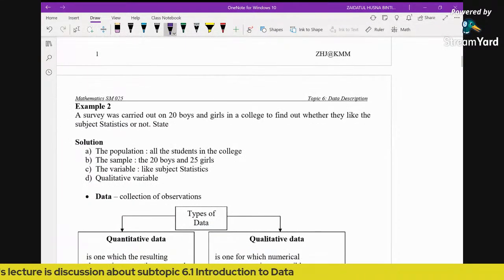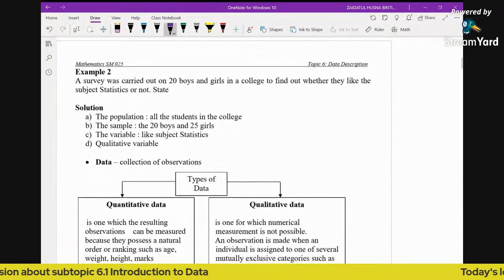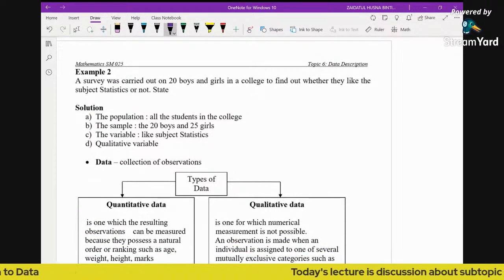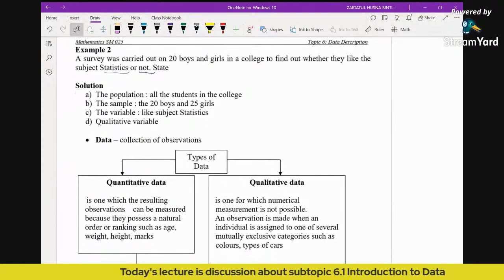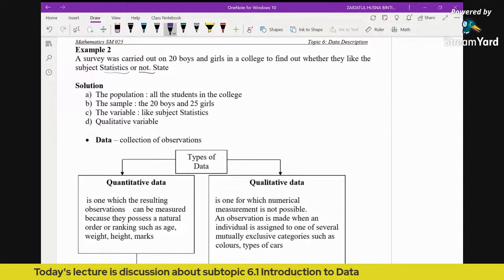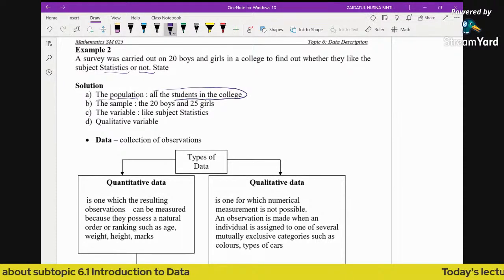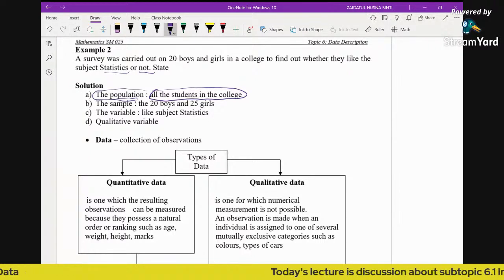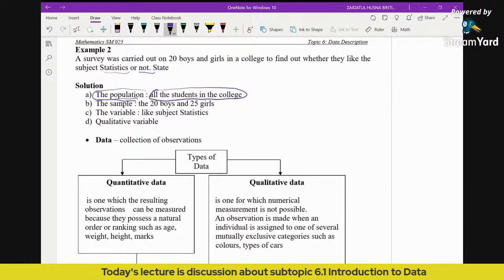A survey was carried out on 20 boys and girls in a college to find out whether they like the subject statistics or not. State the population. The solution has been provided. So the population is all the students in the college, using the terms that we discussed. The population is basically the whole group of subjects that we have.